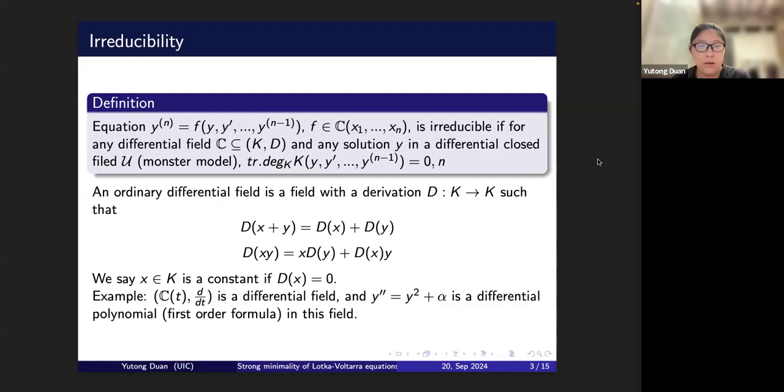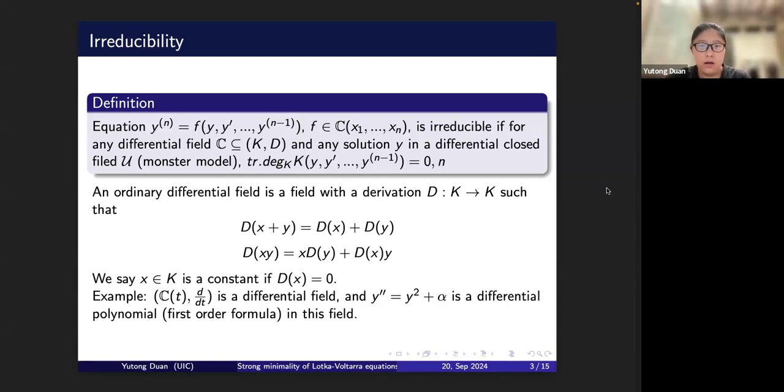For example, C(t) with derivation d/dt is a differential field. And y'' = y^2 + alpha is a differential polynomial, or say a differential equation, and in model theory it is a first order formula in this field.